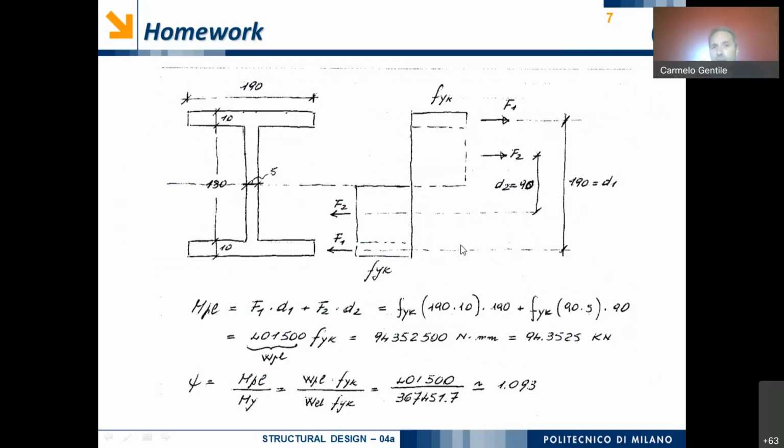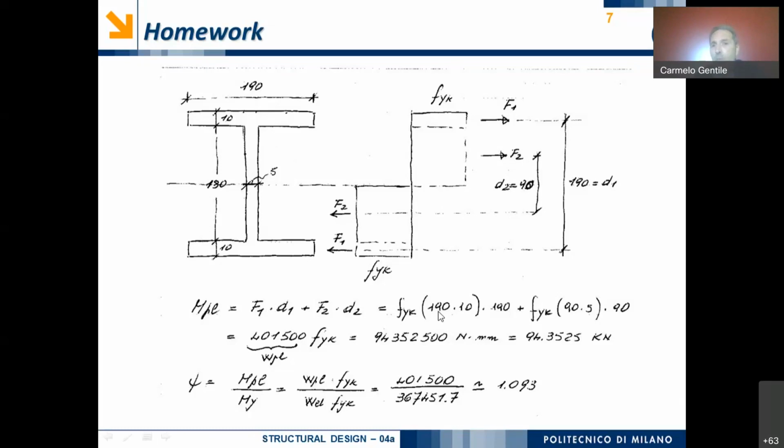In order to evaluate the plastic bending moment, remember, I have to evaluate the plastic force F1 and multiply the plastic force F1 by this distance, 190. Afterwards, I have to evaluate also the plastic force F2 and multiply this force by this distance. Of course, the value of F1 is the yielding stress times the area of the flange.